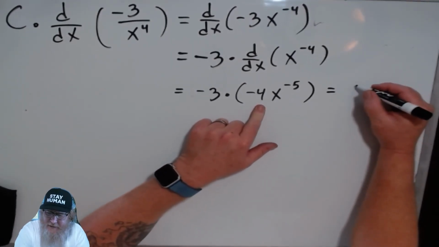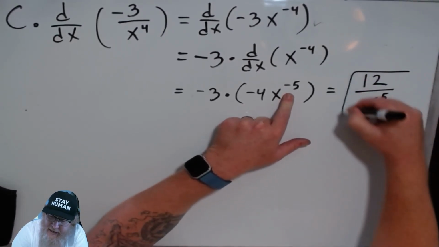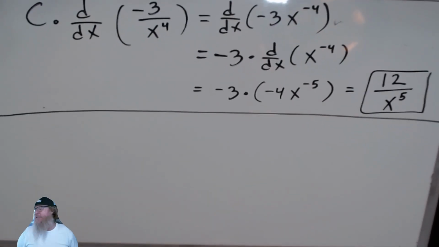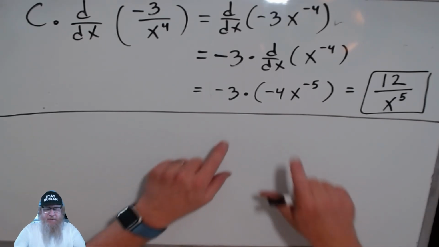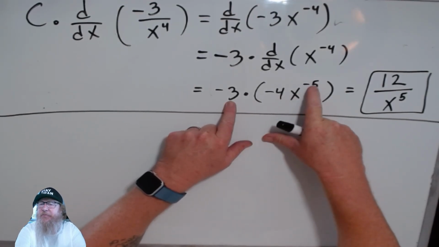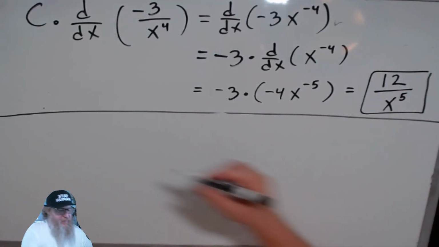Negative times a negative is 12. And then the x goes to the bottom and becomes x to the 5th. I wanted to save room for my last part. If you wanted to put in an intermediary step, it could be -3 times -4 is 12, and then 12x to the -5. I have one additional step here and then jump to the final answer. That would be fine as well.